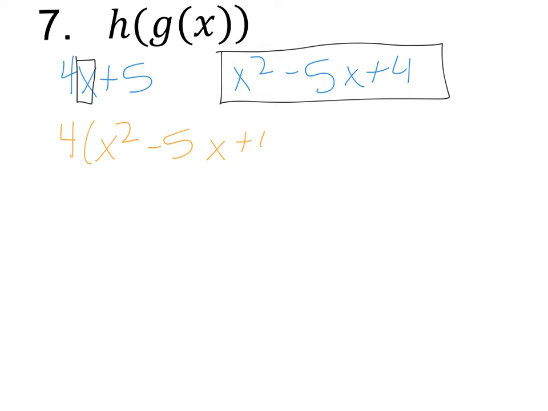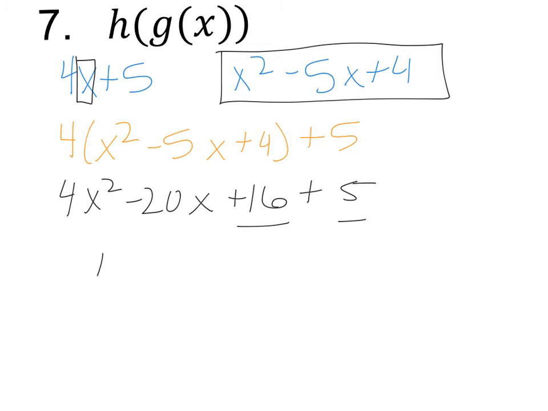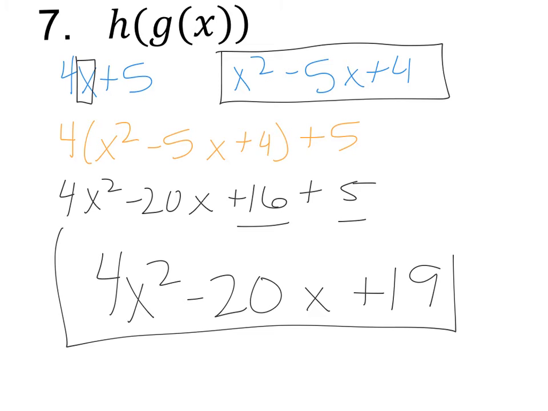Remember, you are replacing, you're substituting your box. 4 times box, you're switching in your box, plus 5, and you distribute. So 4 times all these beautiful numbers, and you can combine these two like terms, 4x squared minus 20x plus 19.